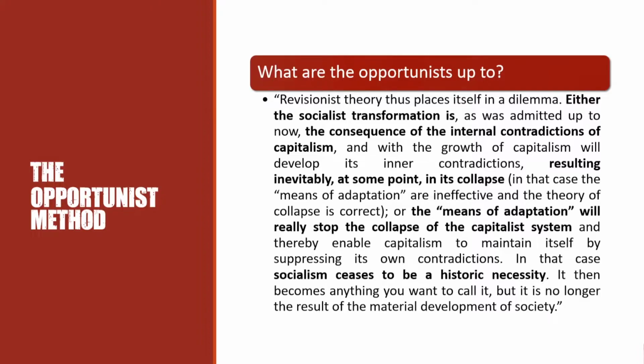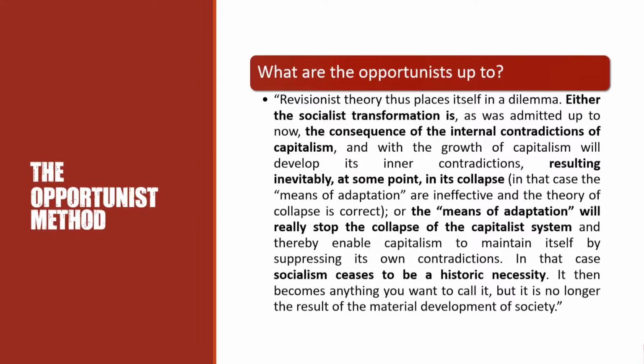In that case, the means of adaptation are ineffective and the theory of collapse is correct. Or the means of adaptation will really stop the collapse of the capitalist system and thereby enable capitalism to maintain itself by suppressing its own contradictions. In that case, socialism ceases to be a historic necessity. It then becomes anything you want to call it, but it is no longer the result of the material development of society.